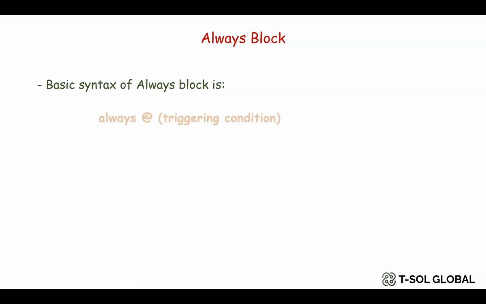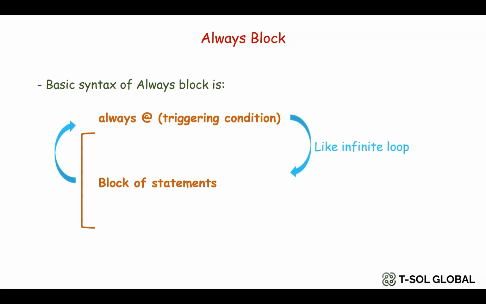So now we'll look at the always block. Here you can see the basic syntax of the always block. It starts with always at, and there is a triggering condition. After that, you have the block of statements. Whenever there is the triggering condition, the always block executes. So it is like an infinite loop.